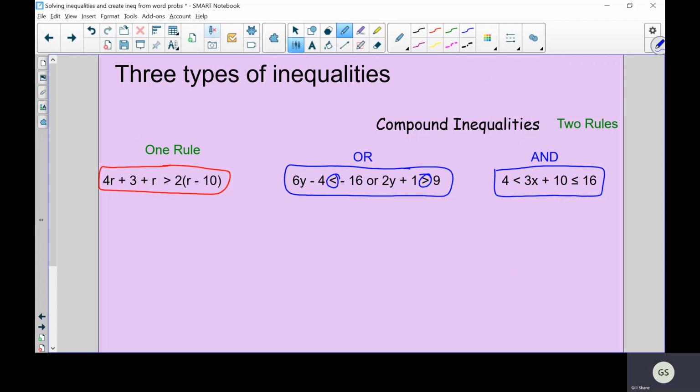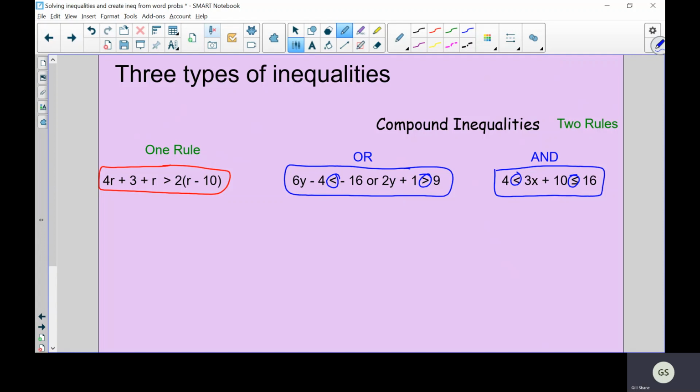That is one problem. By the way, 6y subtract 4 is less than negative 16, or 2y plus 1 is greater than 9. We also have two, we don't have a word in this box, but we do have two of those again. If you see more than one, or really specifically two, you're never going to see more than two, they're called inequality signs.